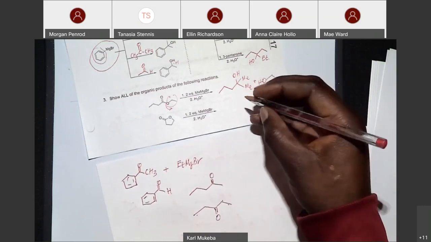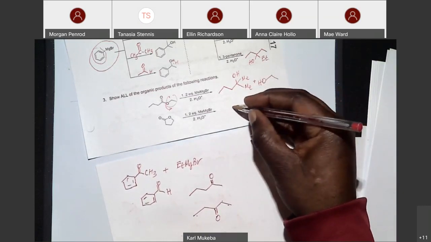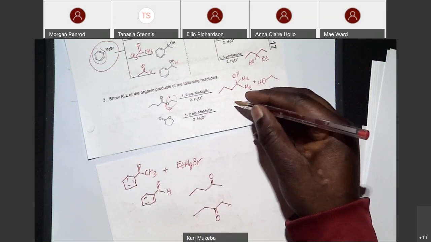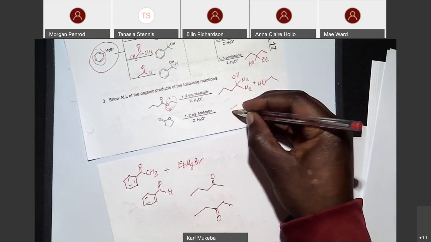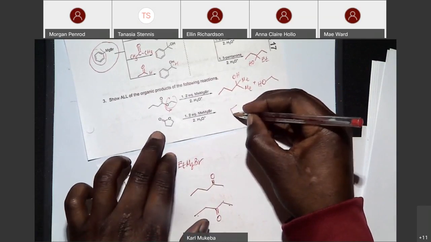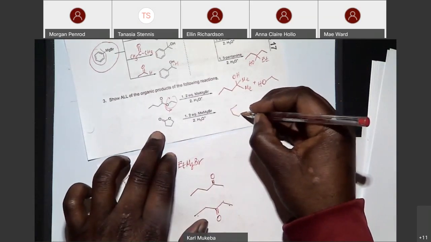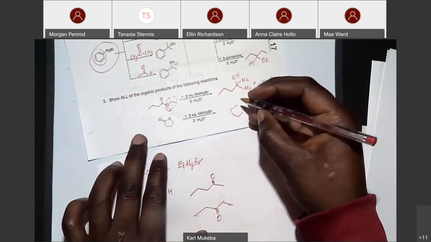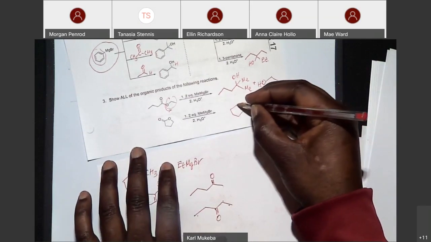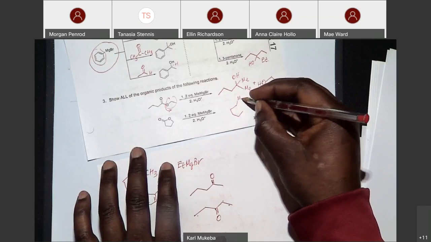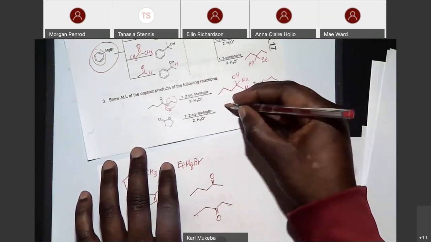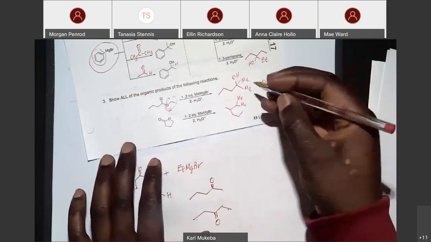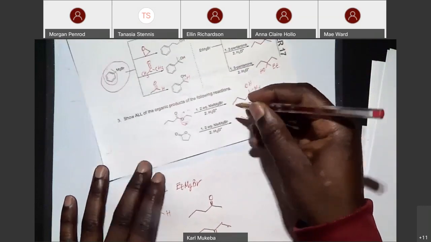So the next one is a kind of ring opening. So we have this compound. We just draw the compound the way it is. We draw here.